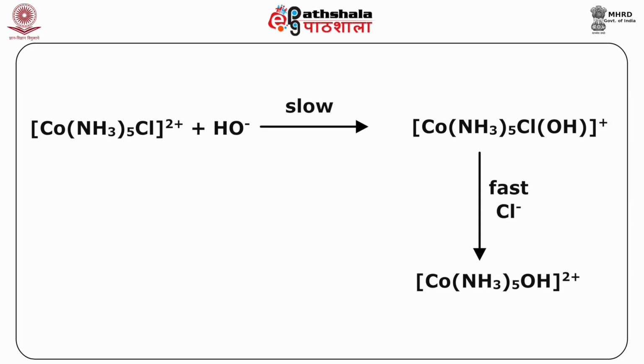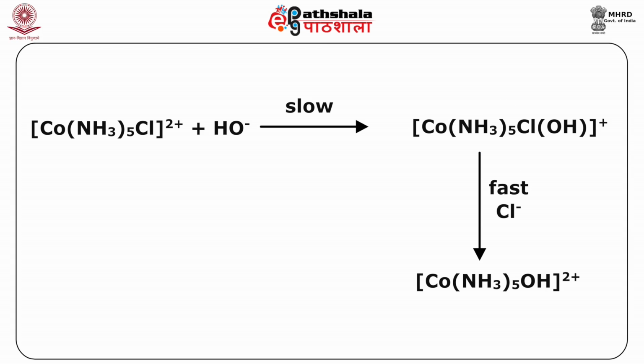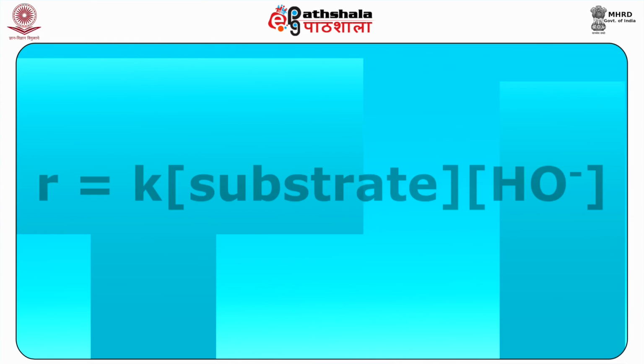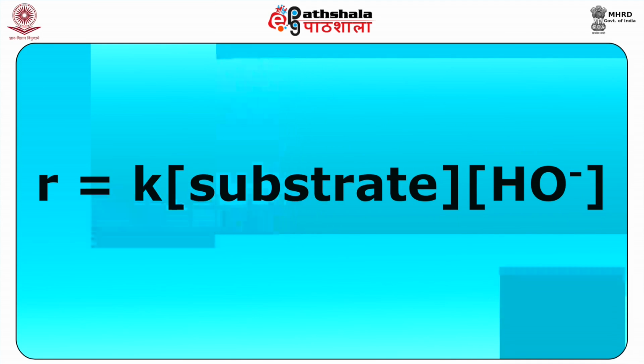[Co(NH3)5Cl]2+, when attacked by OH−, will associate with the complex to form a 7-coordinated intermediate, that would be [Co(NH3)5Cl(OH)]+, and in the second step Cl− will be removed and the product [Co(NH3)5OH]2+ will be produced. According to the rate of hydrolysis, it can be represented as R equals K into concentration of substrate into concentration of OH−.